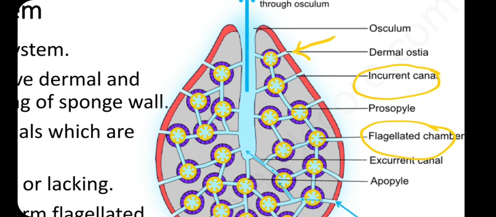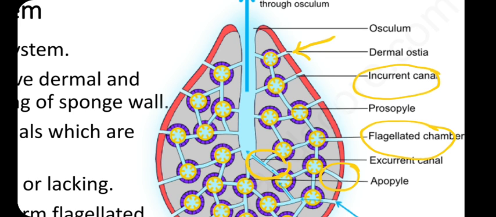Next, from this chamber the water moves to the next canal called the excurrent canal. You can see here the incurrent canal, and then the excurrent canal. And the point where the water comes out of the flagellated chamber is called the apopyle.